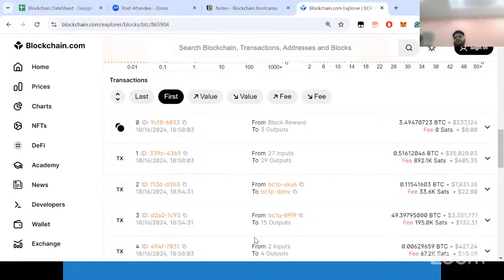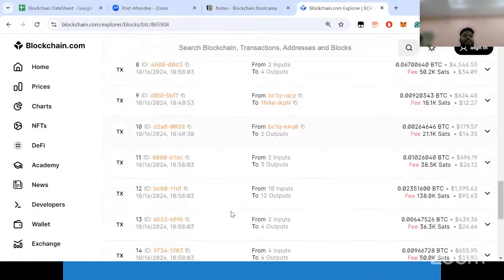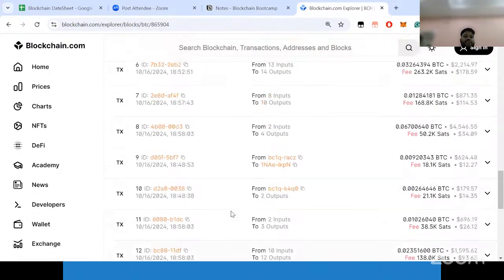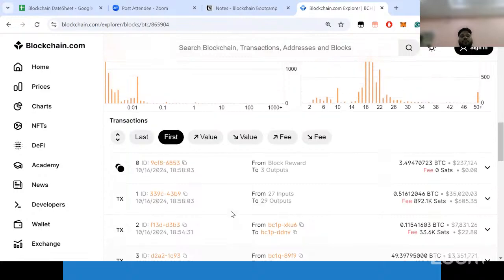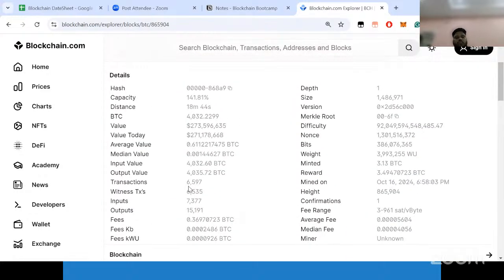These are what we call the transactions present underneath the block. You can see the count of how many transactions there are over here.